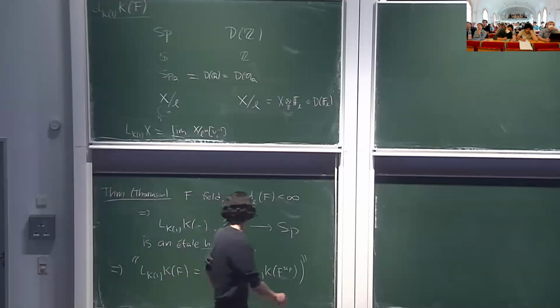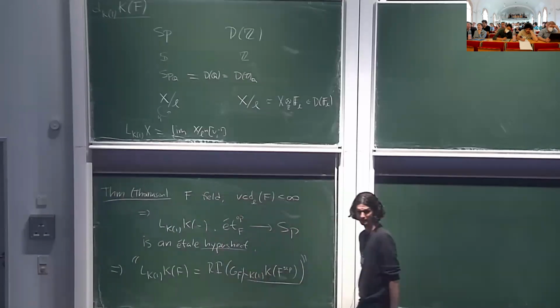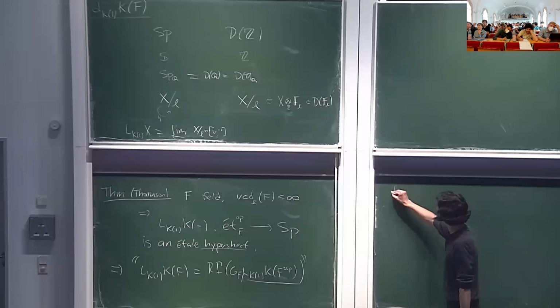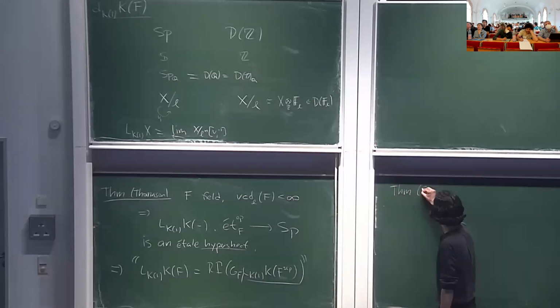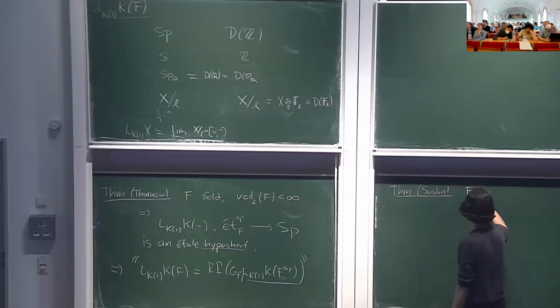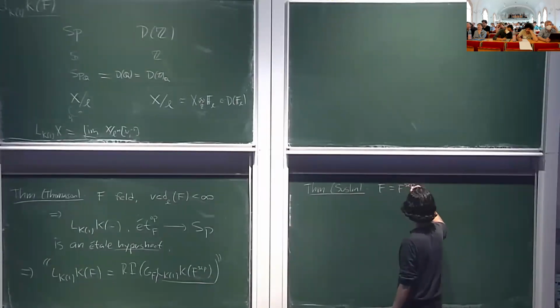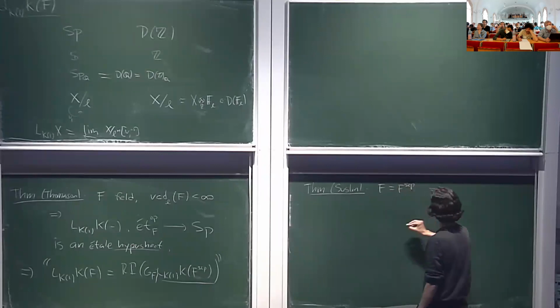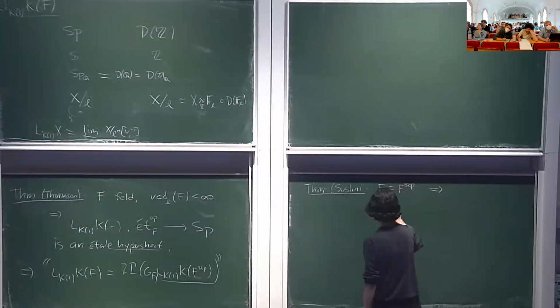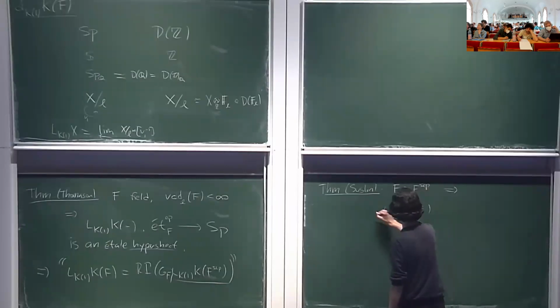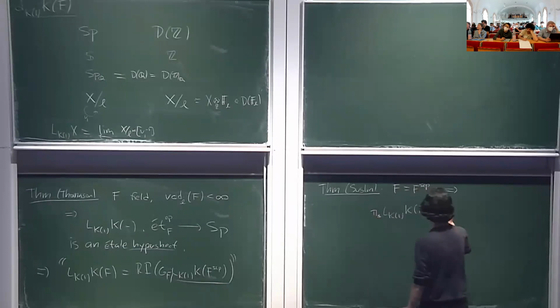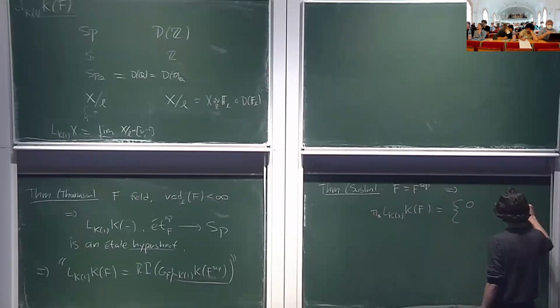But to make this truly useful, we have to know what this guy is. Thankfully, there's a theorem for that too. Suslin. So if F is separably closed, then you look at LK1KF on homotopy groups, it's just 0 if star is odd, and it's a Tate twist, ZL star over 2 if star is even.